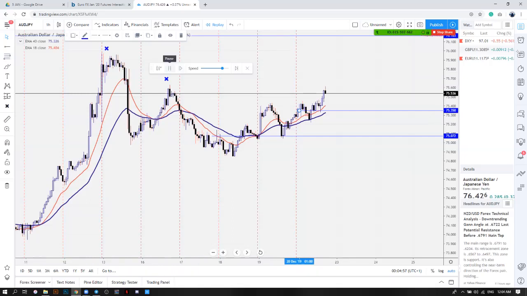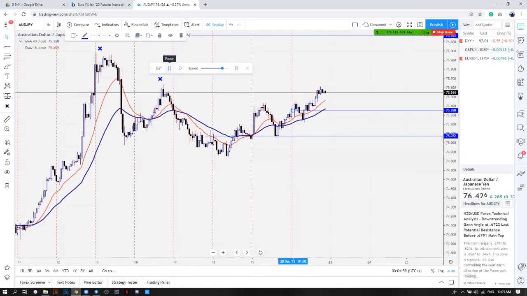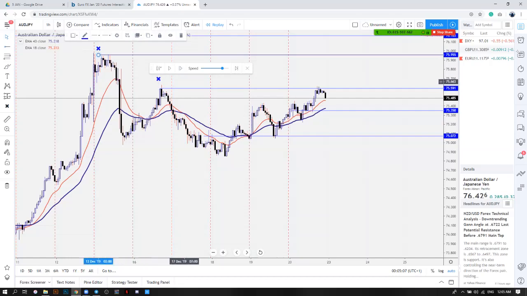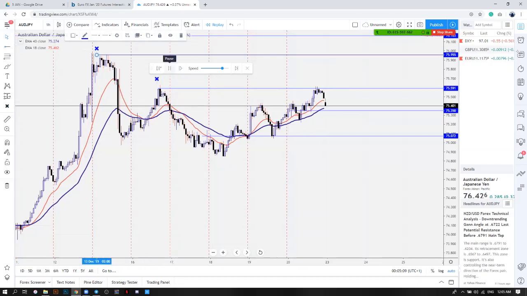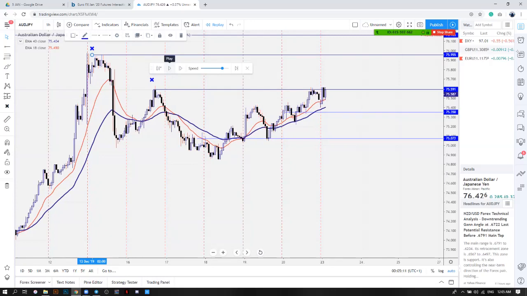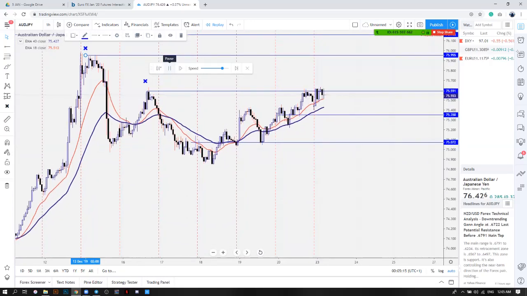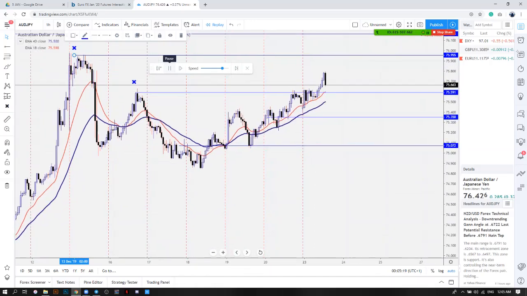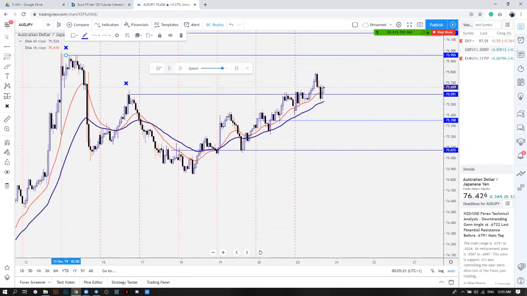Once it starts to correct, we have entry. So first TP taken out. Now the next target is going to be this level. If the market retraces back down, oh, we missed that. Cool. The market retraces back down, keeps going up, creates a higher high.